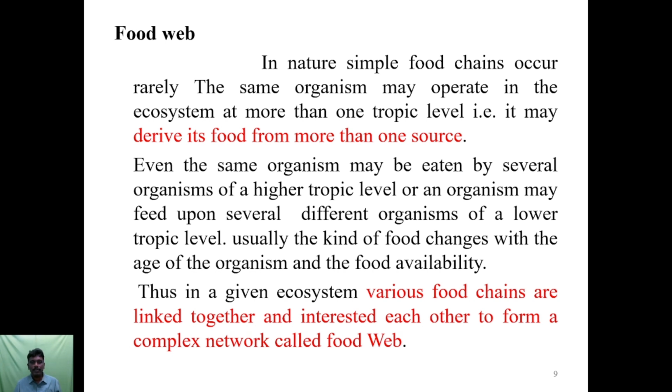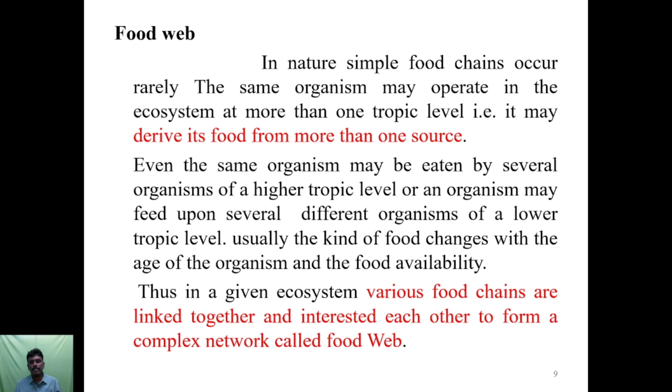Even the same organism may be eaten by several organisms of a higher trophic level, or an organism may feed upon several different organisms of a lower trophic level. Usually the kind of food changes with the age of the organism and the food availability. Thus, in an ecosystem, various food chains are linked together and interlinked with each other to form a complex network called a food web.